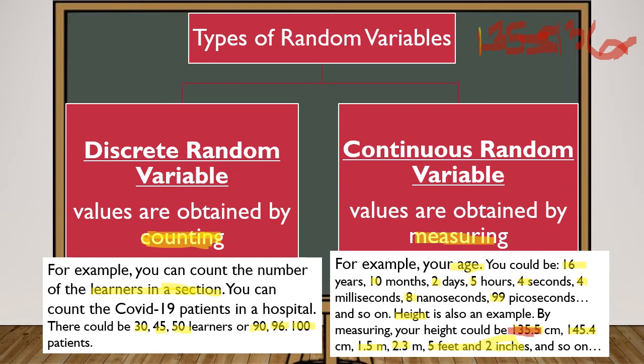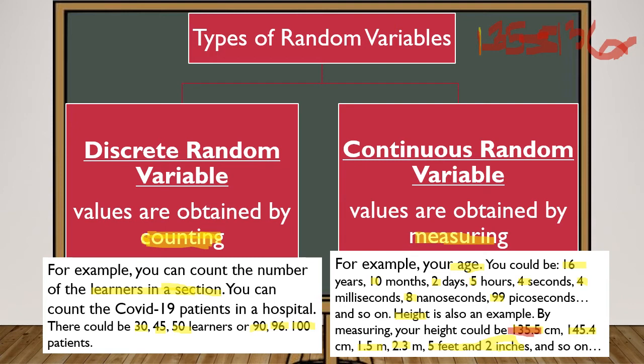While in discrete, of course, we cannot have patients as 50 and 1, 50.1, 50.2. We cannot have such values for our learners because there is no such learner as 0.1, except maybe a manananggal. So 5.5, there is no such thing as that value.